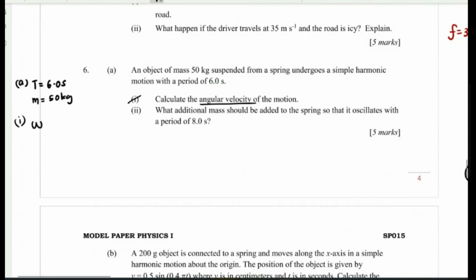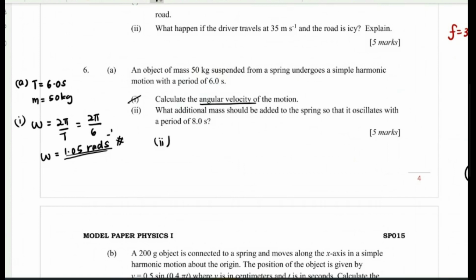So we can find omega equal to 2 pi over T. This one is very easy, 1 mark only. Okay, so the answer is, you substitute T, so 2 pi over 6, so omega equal to 1.05 radian per second. Masuk formula je lah, yang tu senang je.